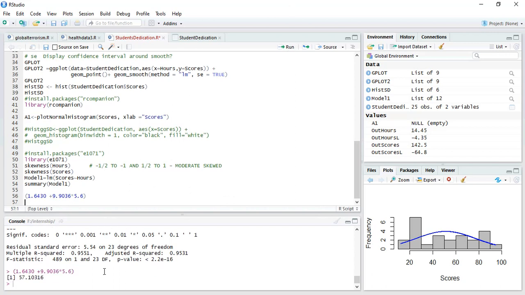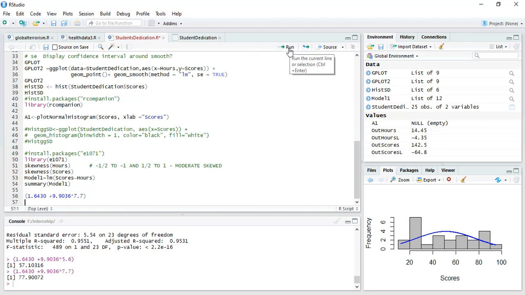It will be around 57. So we have predicted that somebody studying for 5.6 hours will score around 57. Somebody studying for 7.7 hours will score around 77.9, about 78%. So that we can predict through this linear regression model.